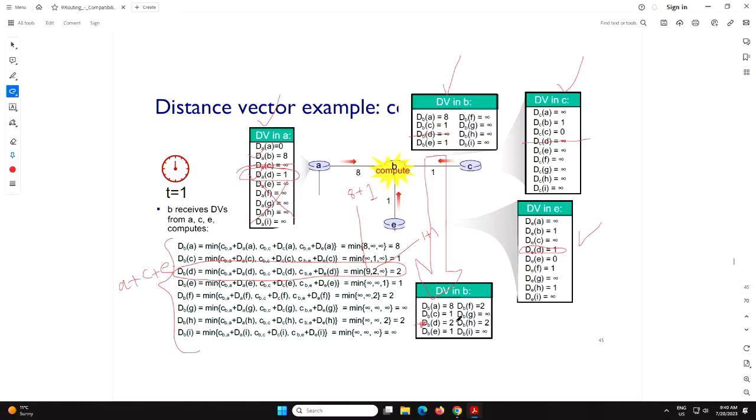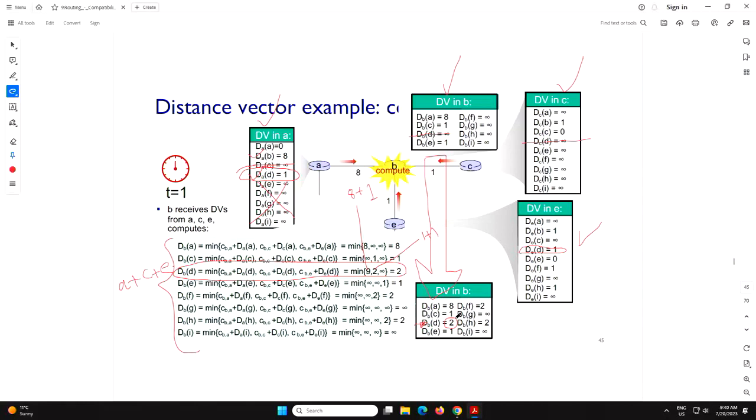So of course it accepts the cost of 2. So you see, 2 has been accepted. So here, a couple of observations: as a result of the exchange of the distance vector routing tables between the neighbors, they have learned. In this particular case, B has learned a new route to D.